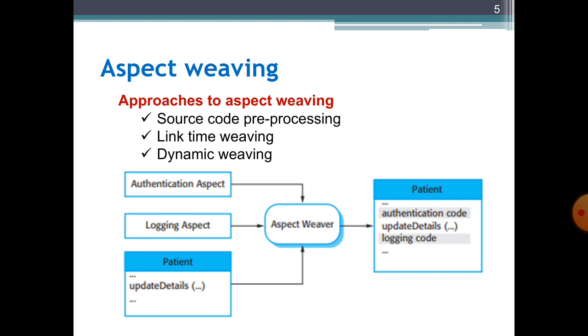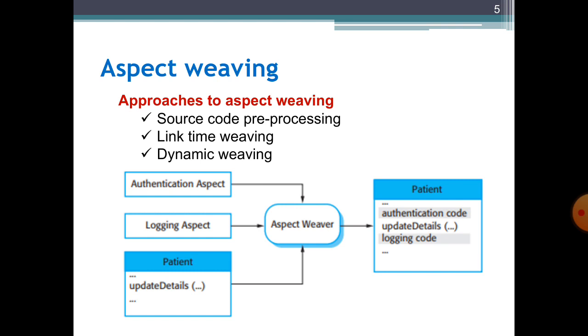This is also an important diagram about aspects and weaving from our basic patient management information system. This diagram shows the aspect weaver for authentication and logging aspects. So authentication and logging are our two aspects which should be implemented in our patient management system.